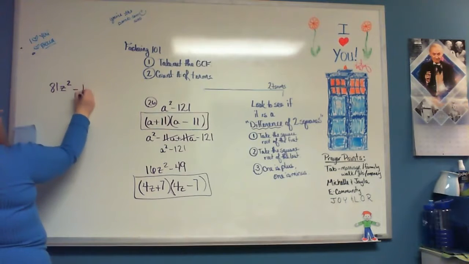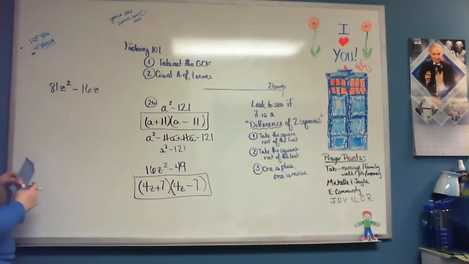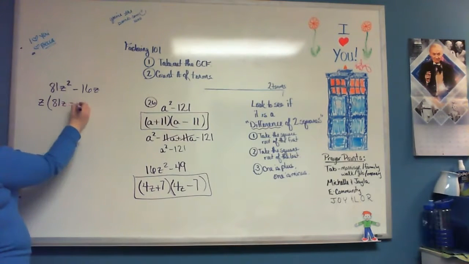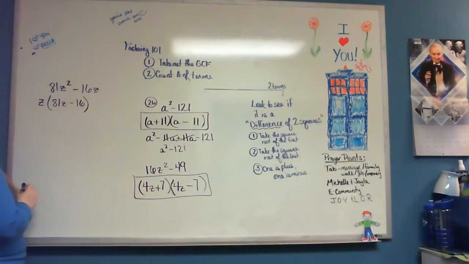81z squared minus 16z. Step 1. Take out the GCF. Do we have a GCF? Of course we have a GCF. It's z. So I'm going to take out the z. That leaves me with 81z minus 16. Two terms. Is it the difference of two squares?